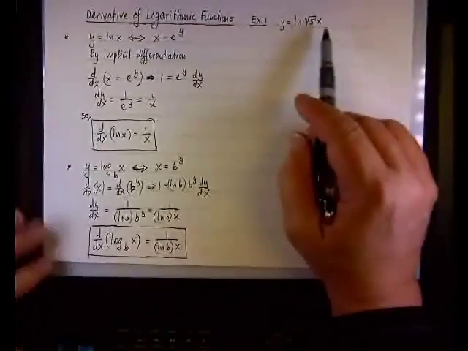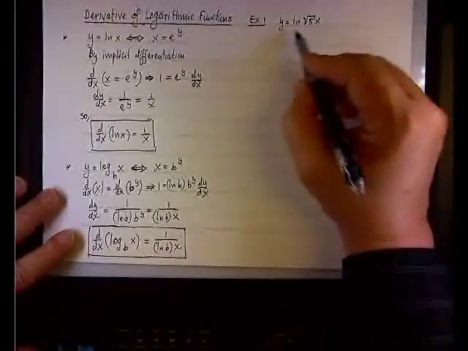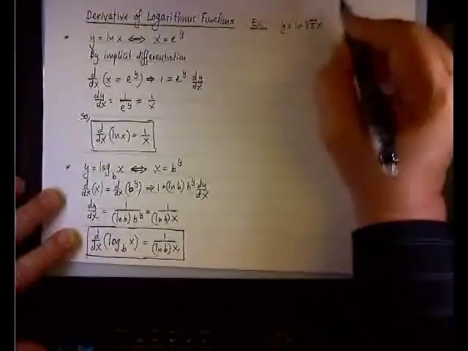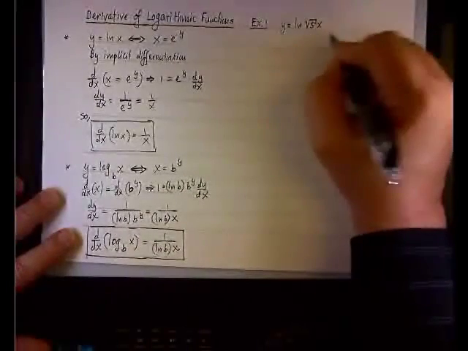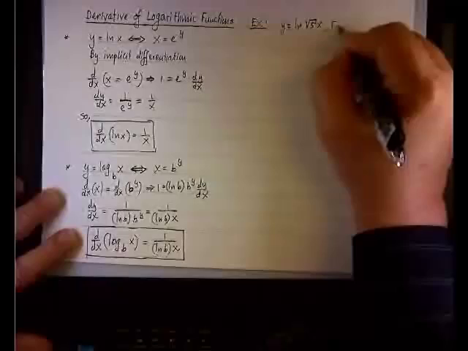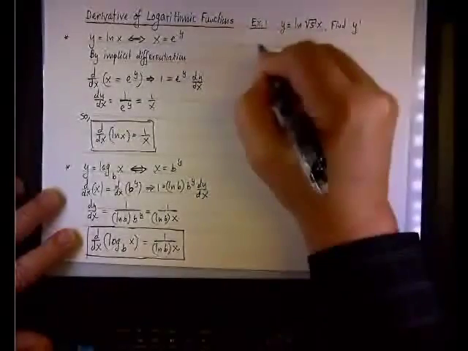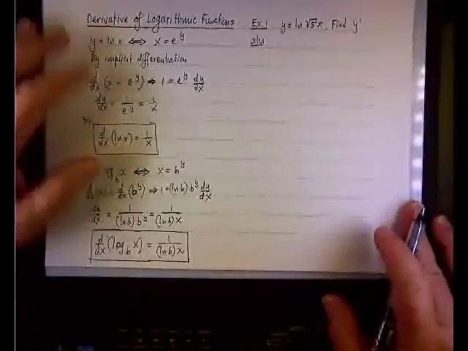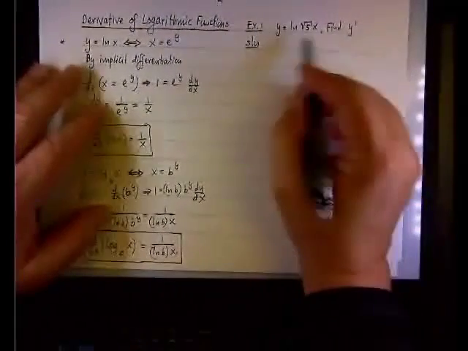But let's look at this case here where we have the natural log of square root of 5x, and we want to find the derivative. So find y prime. Okay. Well, we'll have to use the chain rule.